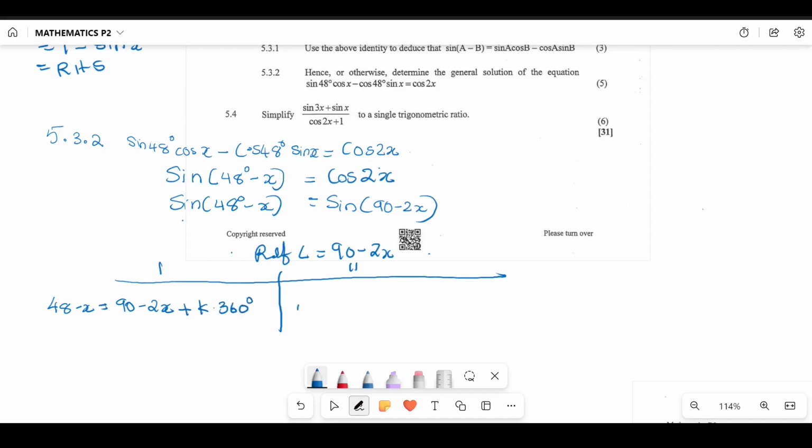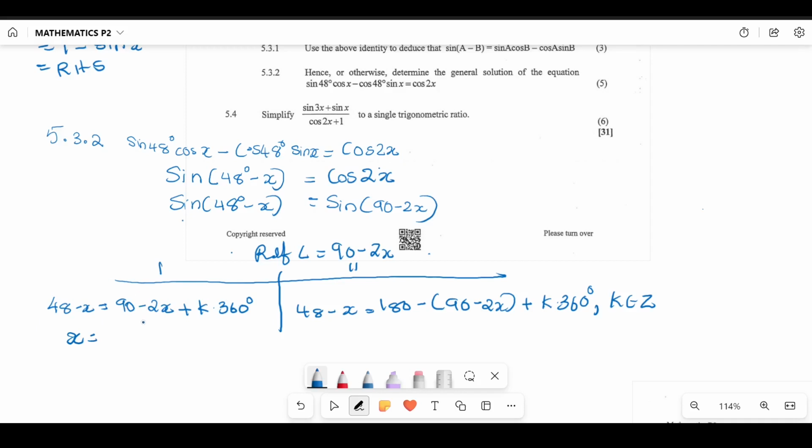Here 48 minus x is equal to, second quadrant means 180 minus reference angle, 180 minus (90 minus 2x) plus k 360, k element of Z. Here while simplifying, the minus x plus 2x makes it x.